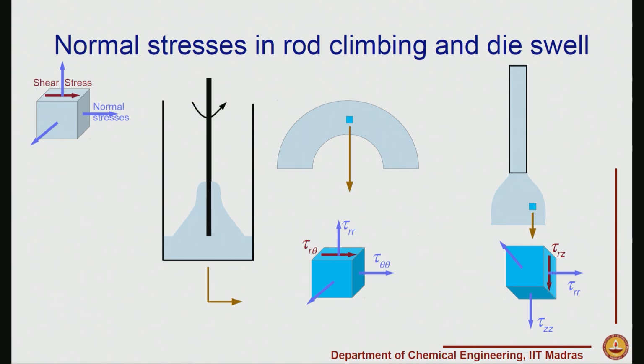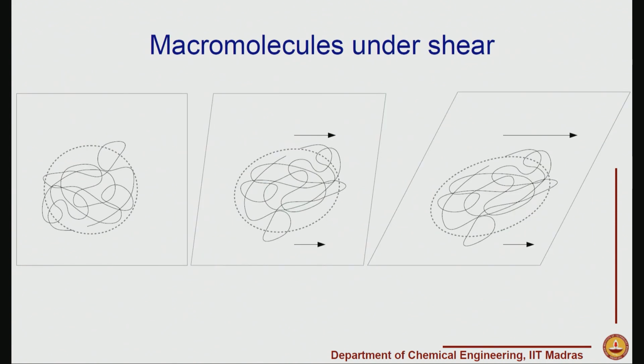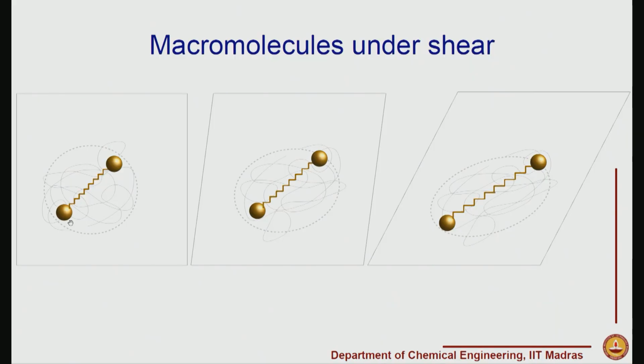In summary, what we have looked at are basically macromolecules under shear, and we have understood the basic need for looking at the material and its microscopic mechanisms. So, in macromolecules under shear, we can think of these macromolecules as if they are made up of beads which are connected by a spring.